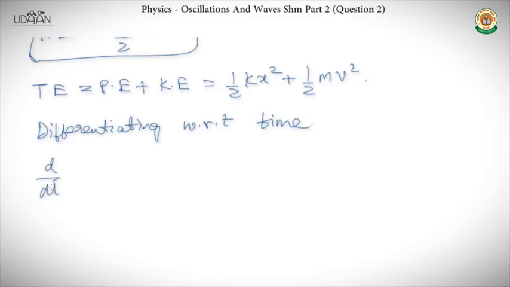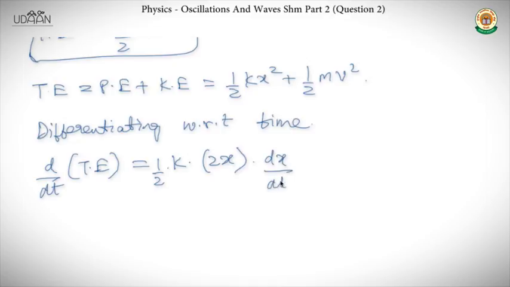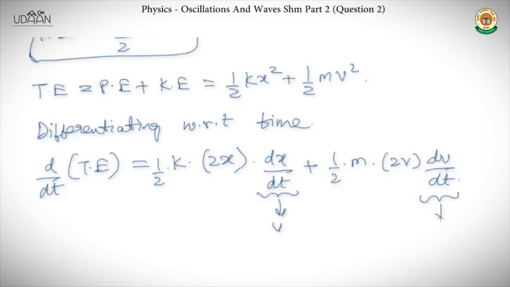So d by dt of total energy is half into k into 2x into dx by dt, plus half into m into 2v into dv by dt. dx by dt, as you know, is velocity and dv by dt is acceleration, and the two cancels out.